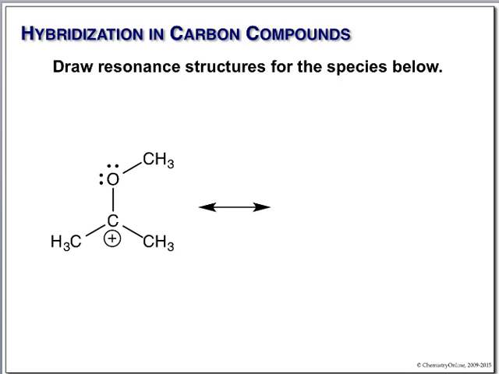That's going to put 3 bonds on our oxygen. Remember, oxygen with 3 bonds has a positive charge. Think H3O. This is the other resonance form for the oxocarbonium ion.